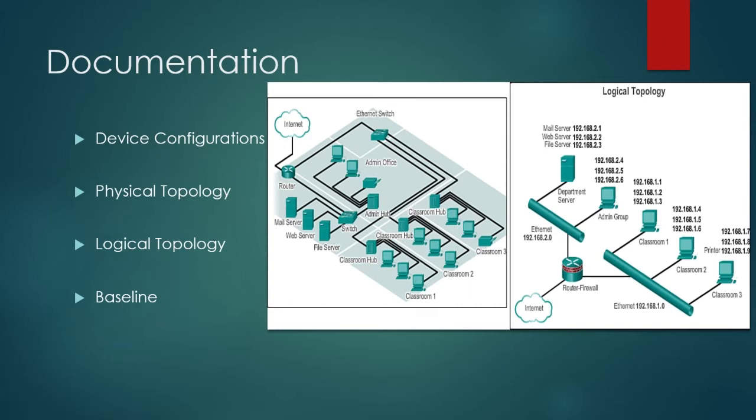Finally, with your documentation, and this is a very important thing that you may not necessarily think about off the top of your head, you need to have an established baseline for your network. You need to know what your network acts like on a normal day to know if the traffic is abnormal.